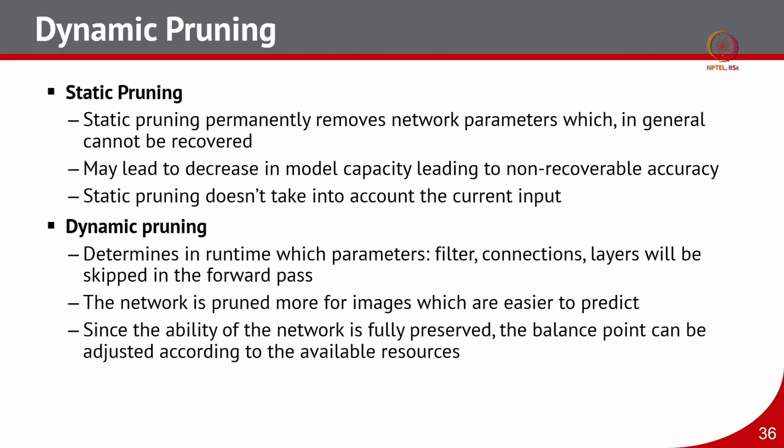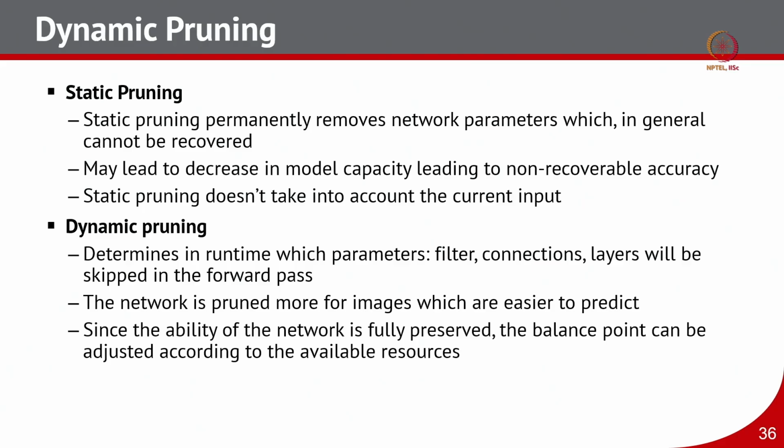But at the same time, let us say some complex image, such as Picasso's drawing, we need a more complex network, and for that the pruning requirement should be much less. So, basically what I am trying to say is that at real time we may encounter different images, and for those different images the pruning requirement should be different, and dynamic pruning actually takes care of that.